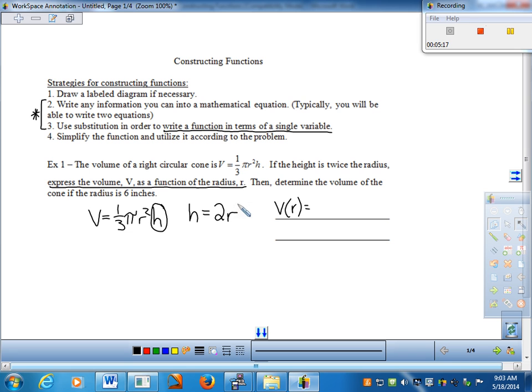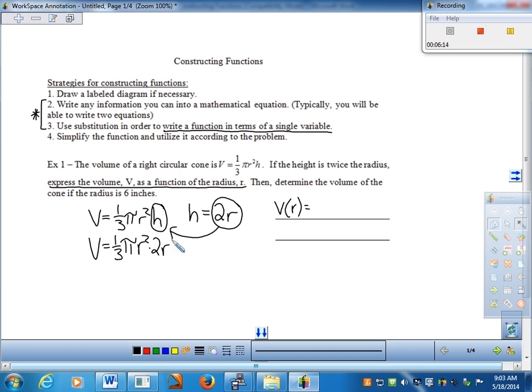So what I do, and again it's up to you if you want to follow my lead here, but I circle what h is equivalent to, and not to be too dramatic about it, but I go ahead and draw a little arrow going in, and that 2r is going to of course replace the h in our volume equation. So that goes in, everybody, and then I've got V equals 1/3 times the pi times the r squared, and obviously instead of h, it's times the 2r.